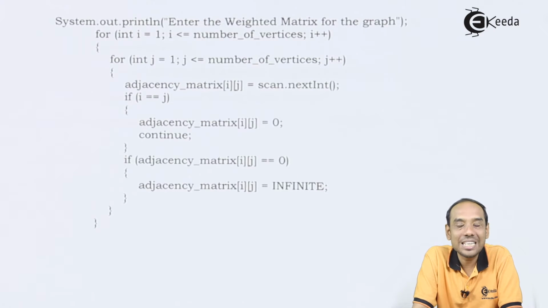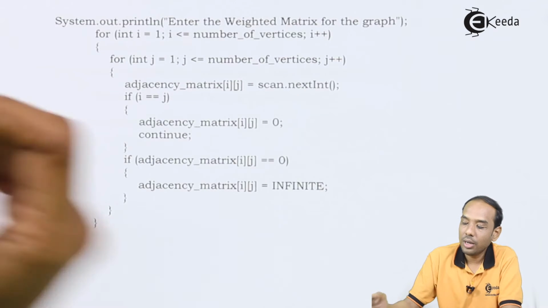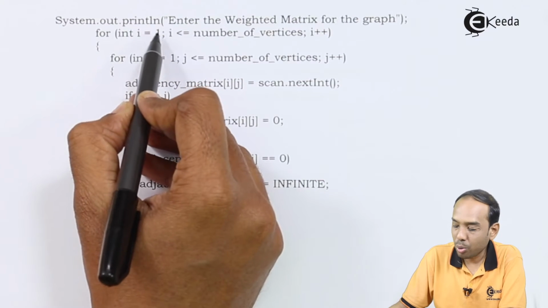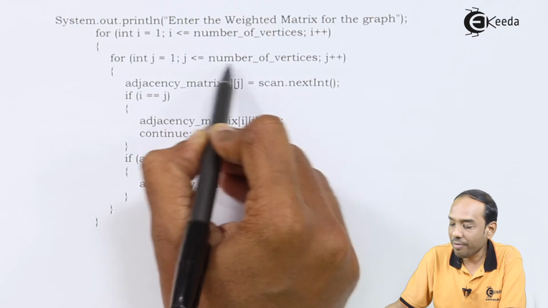Once we are done with this, that is, we have defined the adjacency matrix and the number of vertices, now we need to calculate the value for the weight of the graph, or in other terms the weight of the edges. This value has to be taken from the user. Hence we write for int i equal to 1 to get the row, and to get the column, j equal to 1, less than or equal to the number of vertices.